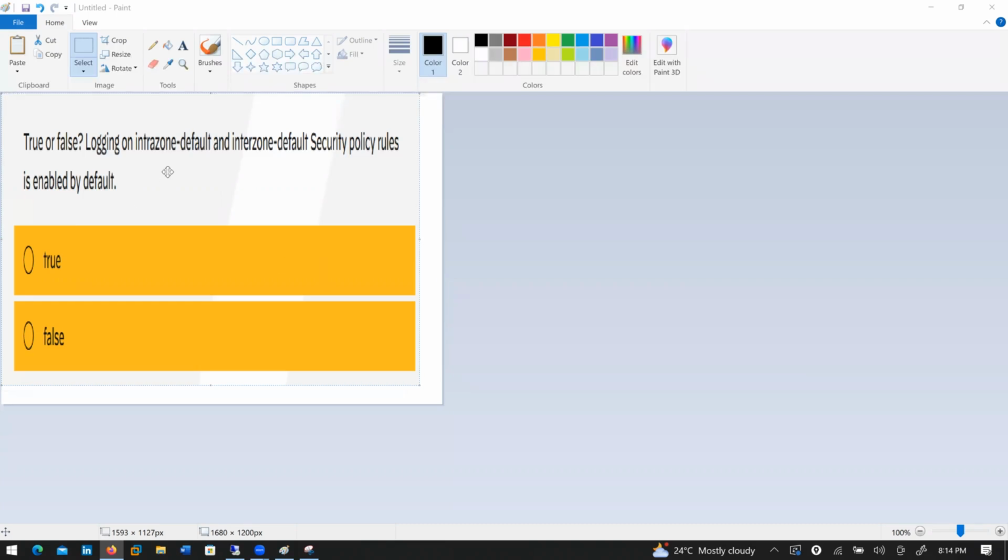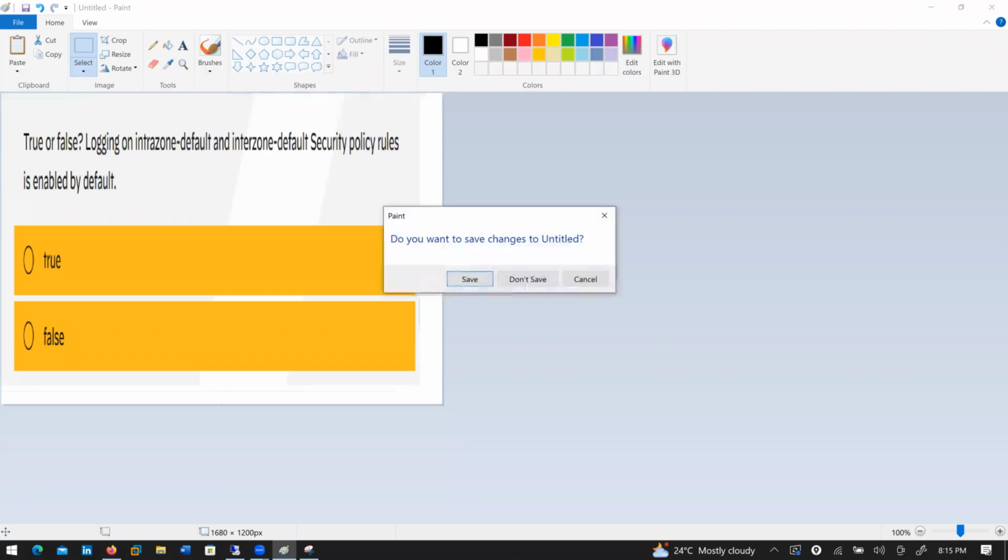Logging on intrazone default and interzone default security policy rules is enabled by default. True or false? Thank you. For the answer of this question, almost everyone is correct. So its answer is false. By default, logging is not enabled on these rules.